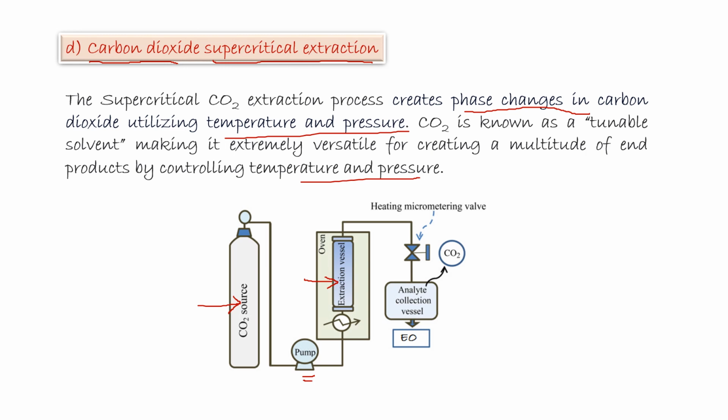The carbon dioxide in gas phase goes through this pump, and by controlling temperature and pressure, we can get it in between the gas and liquid phase. It goes through the plant raw material, extracts the essential oil, goes up, and condenses into the essential oil, with collecting of the carbon dioxide.